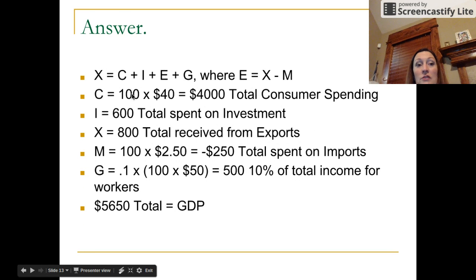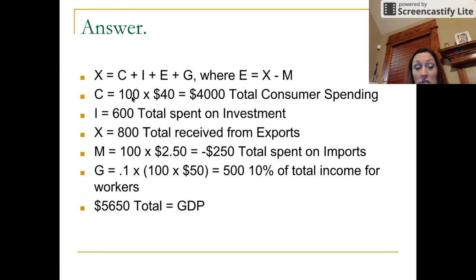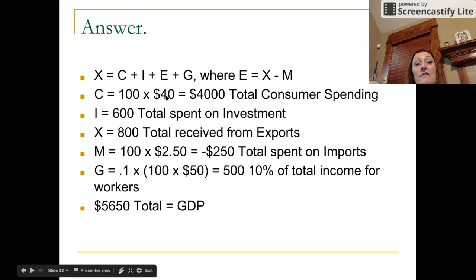So 100 times $40 equals 4,000 in consumer spending. 600 for I, which is the investment spending. X equals 800 is the total received from exports.